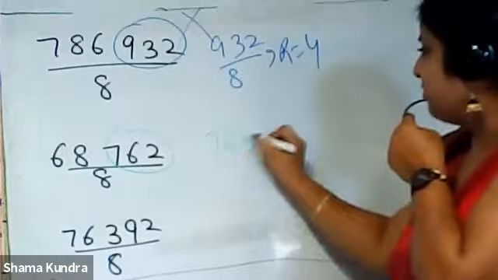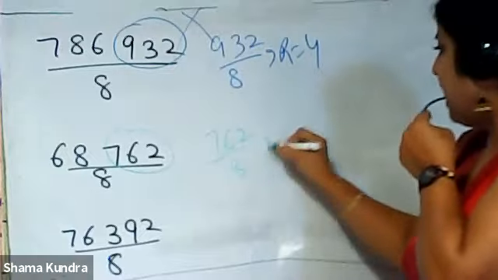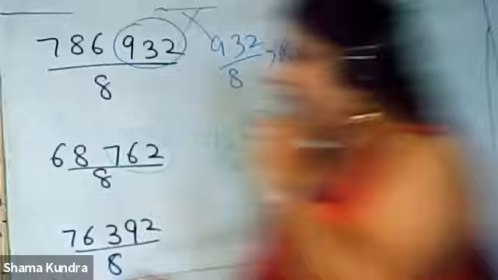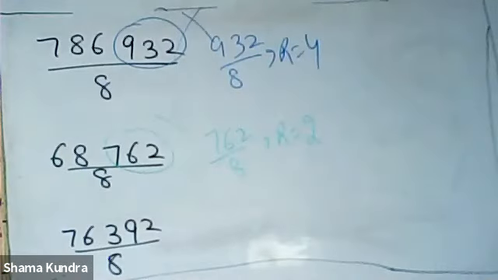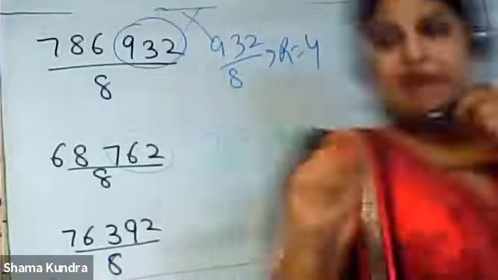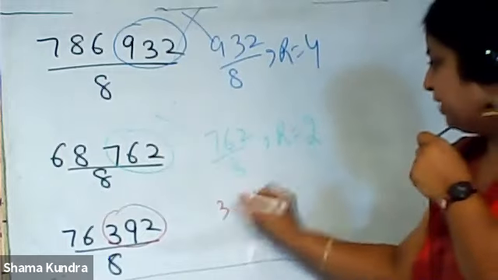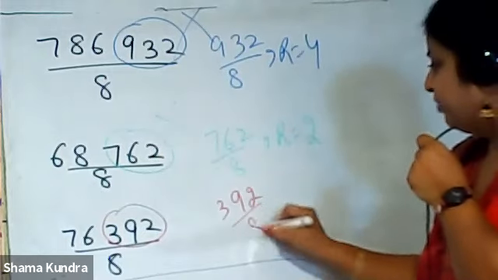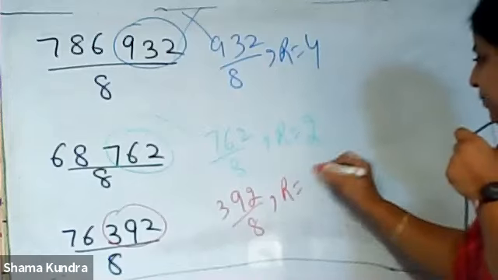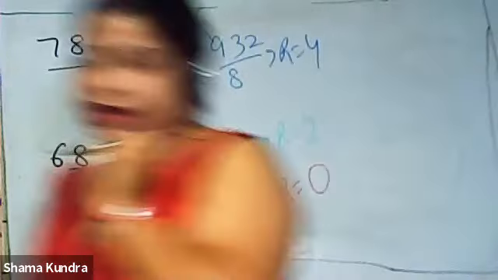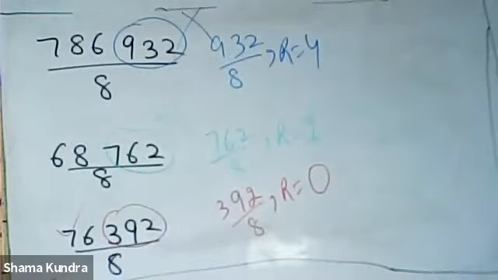When I divide 762 by 8, I get remainder 2, which is not 0. So this number is again not divisible by 8. In the last, when I divide 392 by 8, I get remainder 0. So this complete number is divisible by 8.